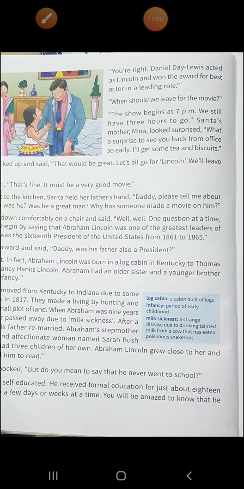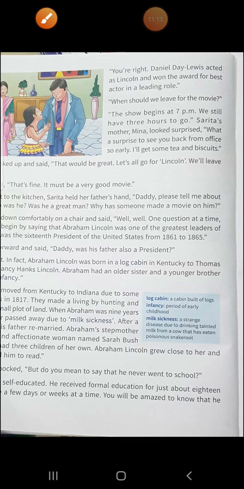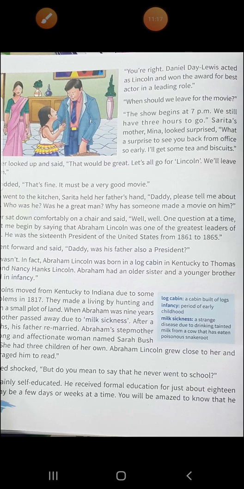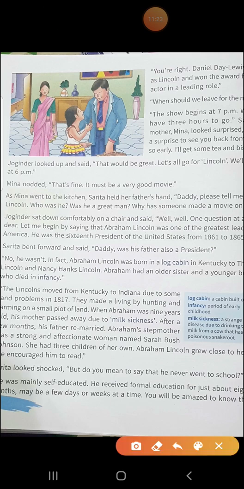Alright. Then what did she say? I'll get some tea and biscuits. So she said, let's get you some refreshments. And what was she getting? Tea and biscuits. See, now I'm reading here. Joginder looked up and said, that would be great. Let's all go for Lincoln.